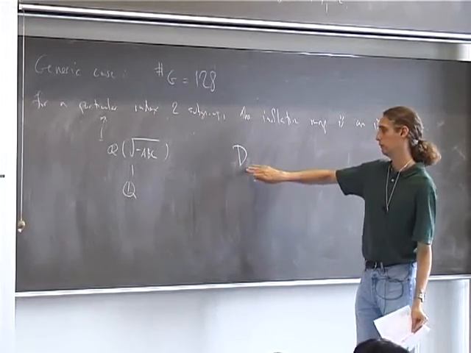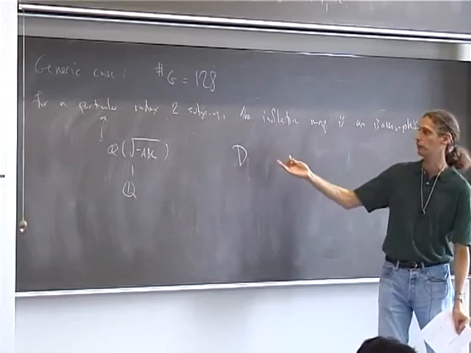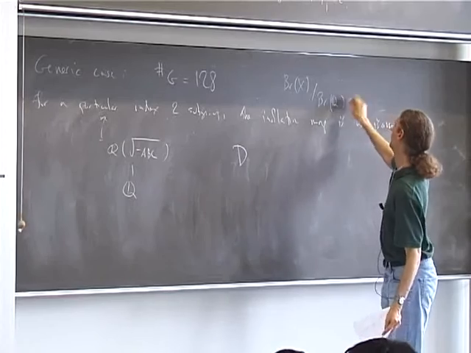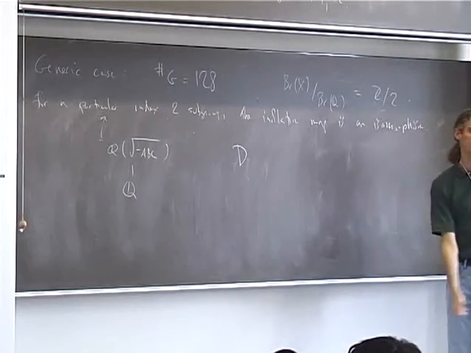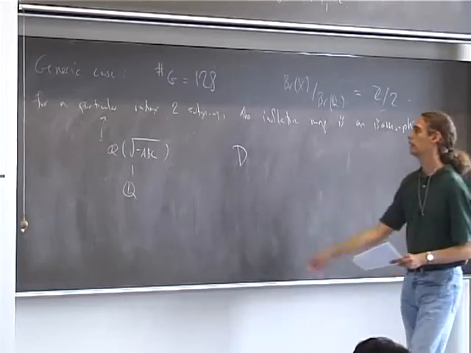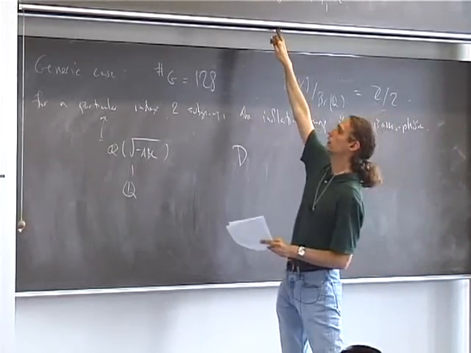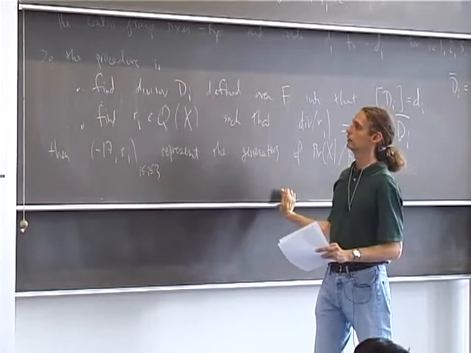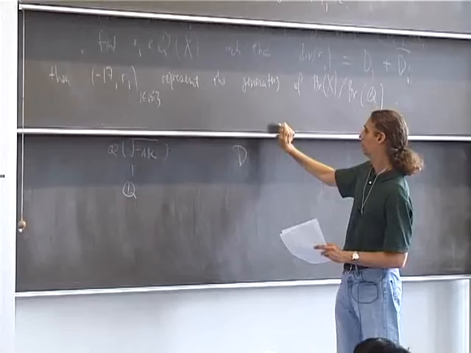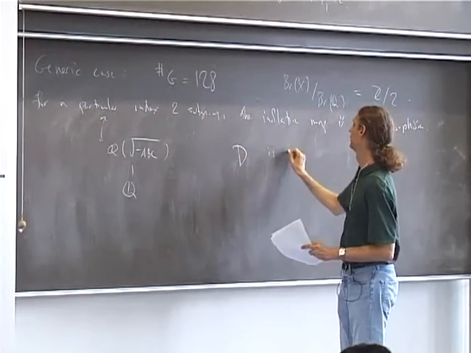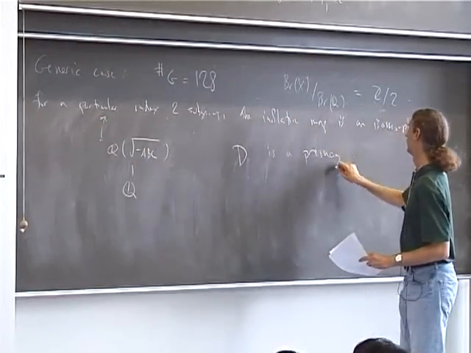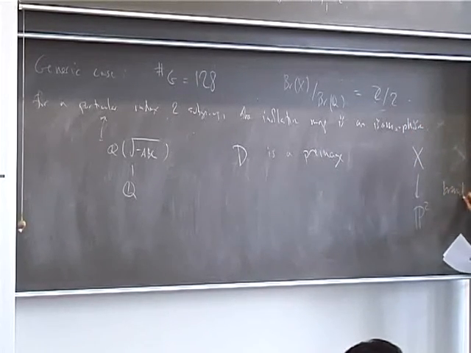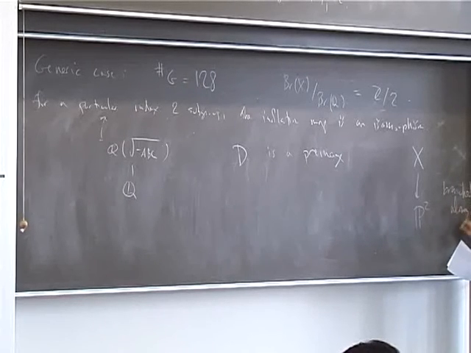And now this D, there's no need to have an index. There's only one of them. I said this last time, then it's 2. So then this D, this divisor that entered into this program here, D is a preimage. So remember, X is a double cover of P2, branched along the quartic.